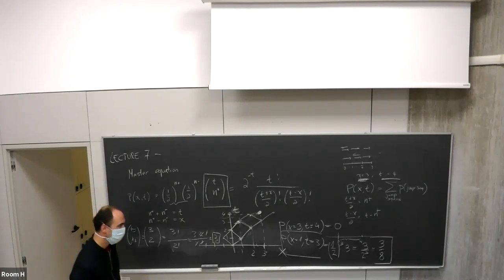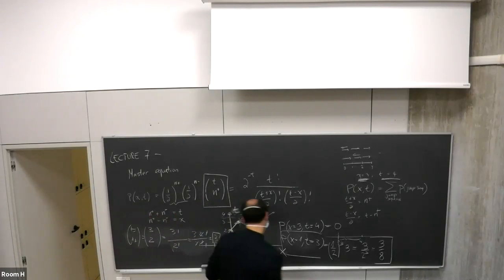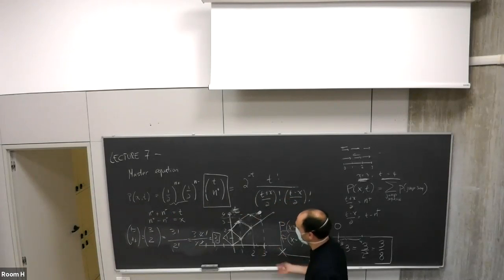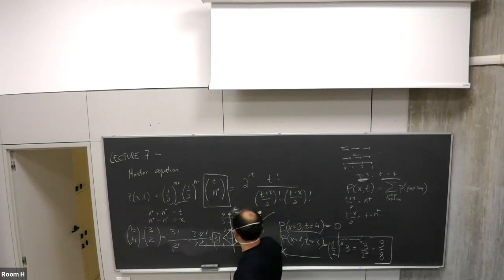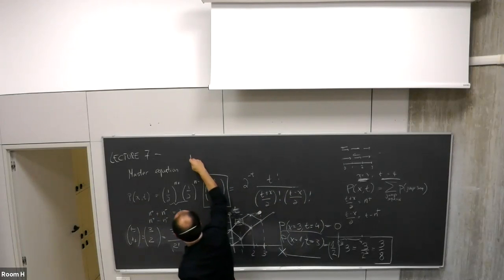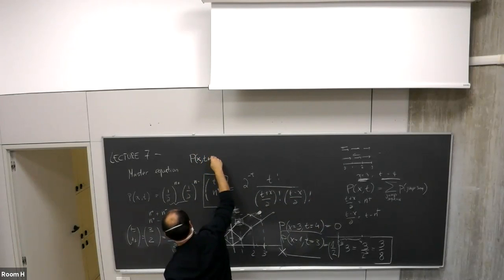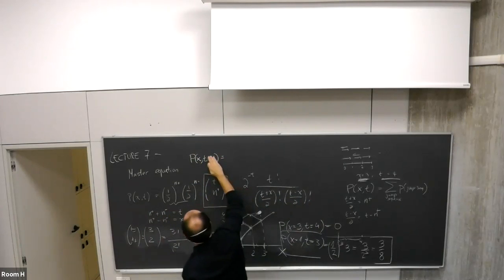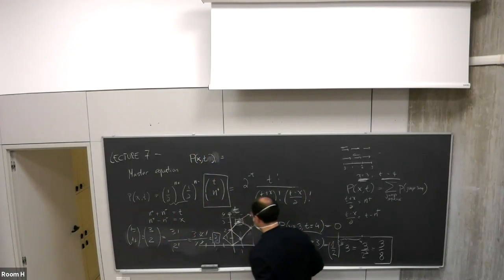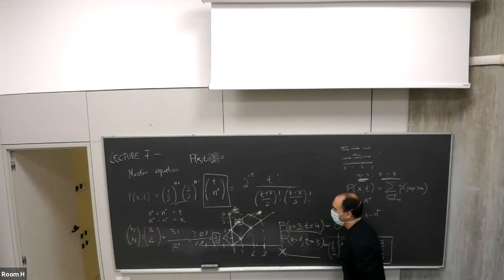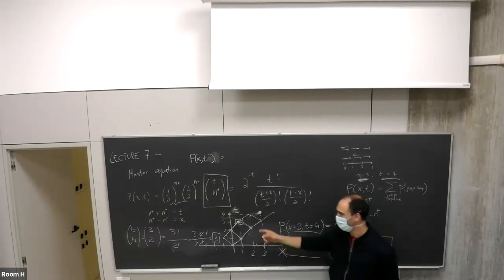So here I can tell you, we can at least get an idea about it in the following way. When you are in P(x,t), let's say I would like to know what is P(x) at t plus 1. The main point is that you can see this as a probability flow.